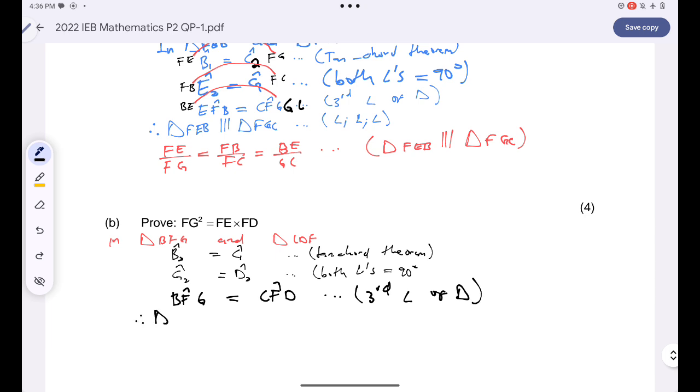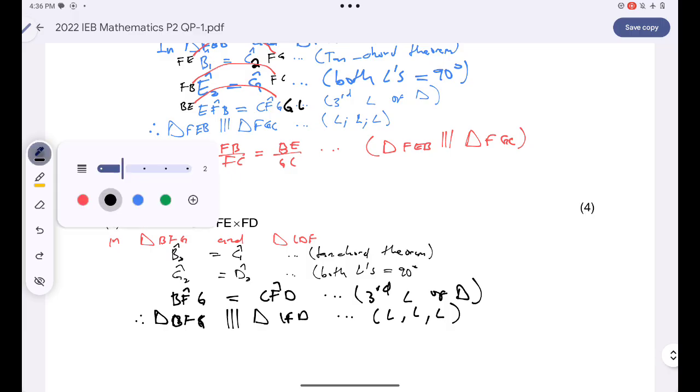Therefore, triangle BFG is similar to triangle CFD. Why am I saying that? Because I've shown that the two triangles are equiangular. But even here, guys, the theorem does not stop here.